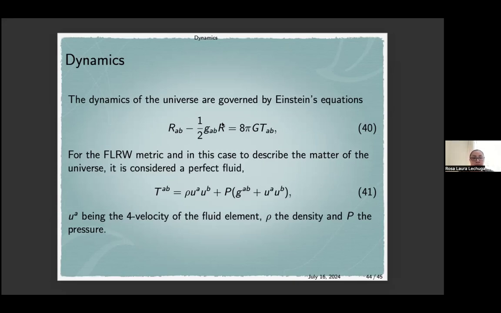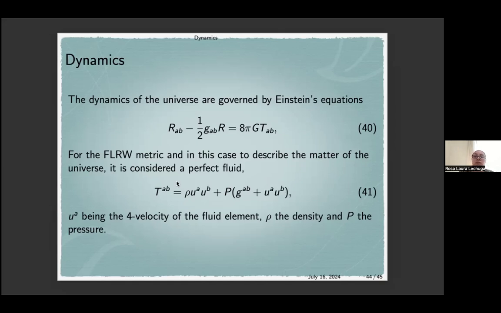So if you have some kind of symmetries in one side of the equation, one expects that the other side of the equation has the same characteristics or the same symmetries. So the people try to represent this T_{ab} in terms of a perfect fluid, okay?